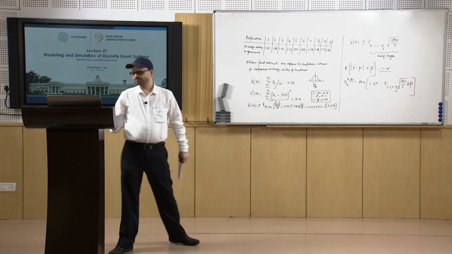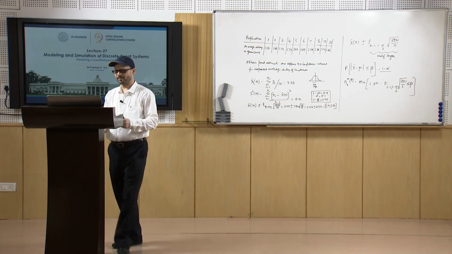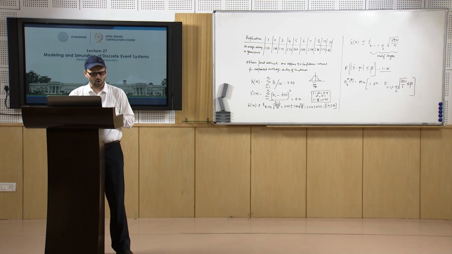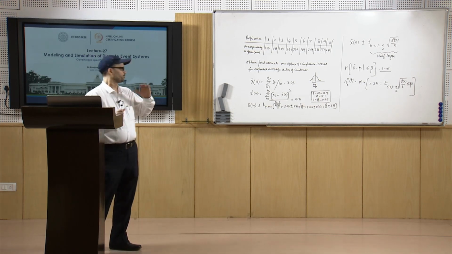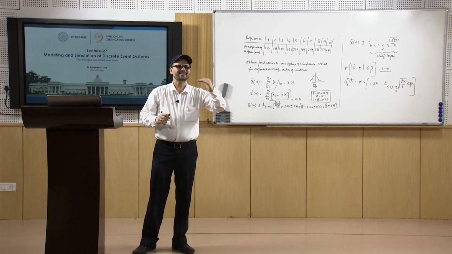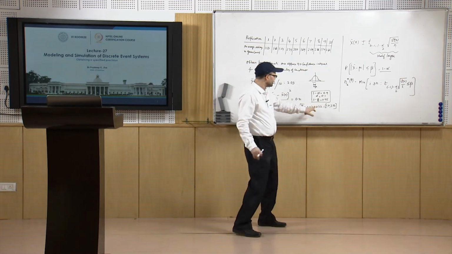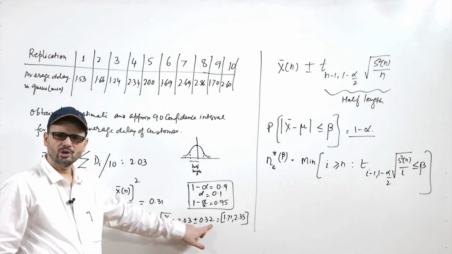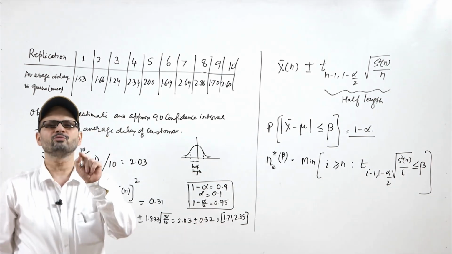Now, let us see the problem again. We are told that in this case we need to have the half length lesser than a certain specified value. Suppose here the half length is 0.32 and we need to get it to 0.25.